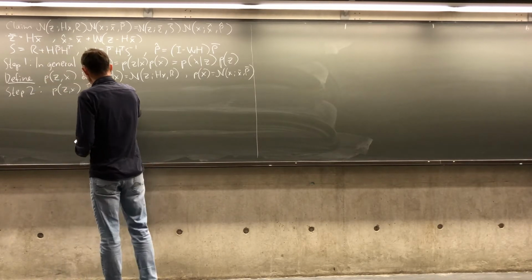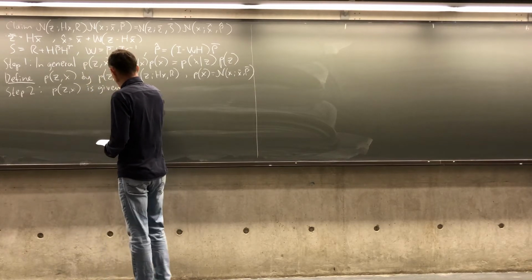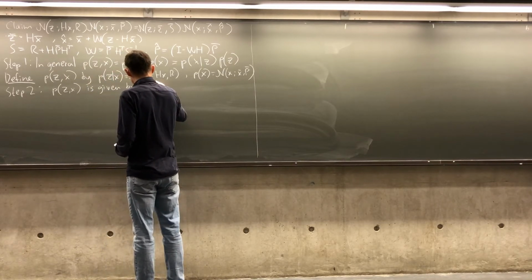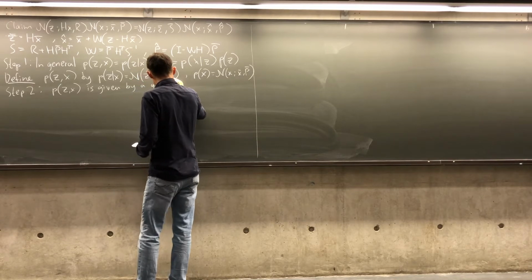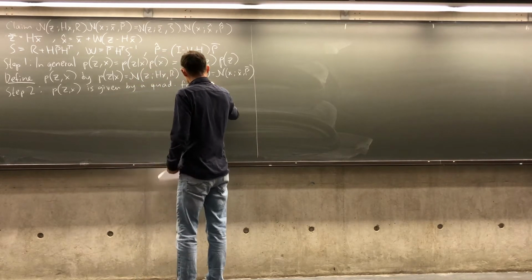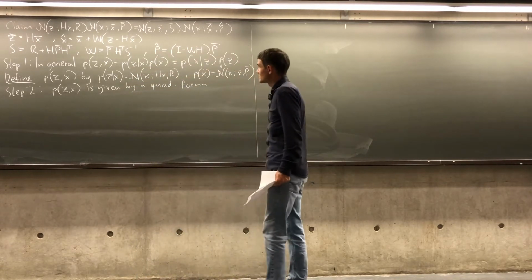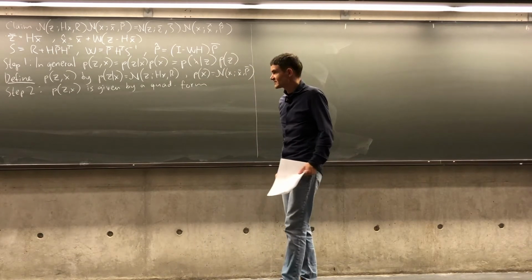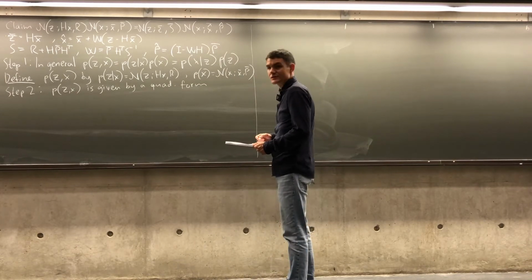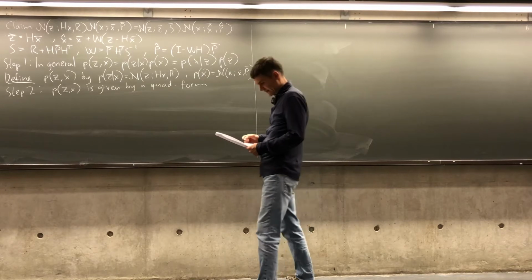This is given by a quadratic form, because everything here is Gaussian, and Gaussians are given by quadratic forms. So then what I need to do is just manipulate that quadratic form.